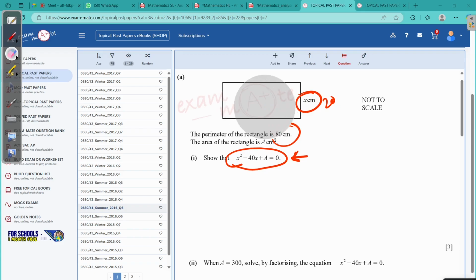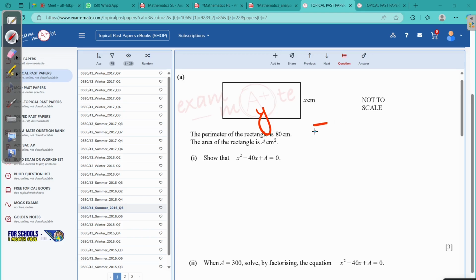No, it's a rectangle. Okay, wait, let me resolve this then. The perimeter of the rectangle, so 2x equal to 80. If you say the other length is y, maybe 2x plus y is 80, and then xy is A. Okay, suppose you have assumed the second side, the length of the rectangle, is y.